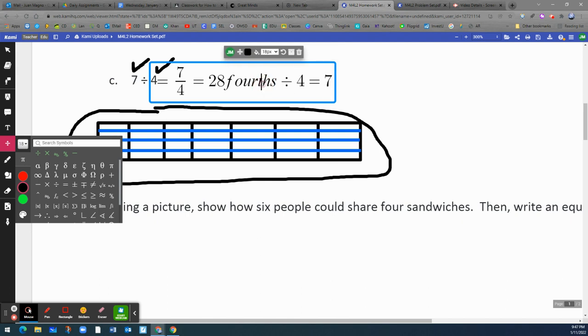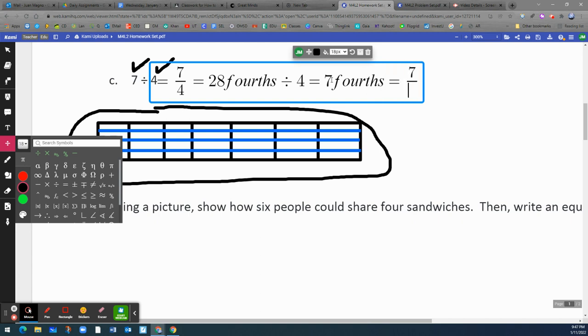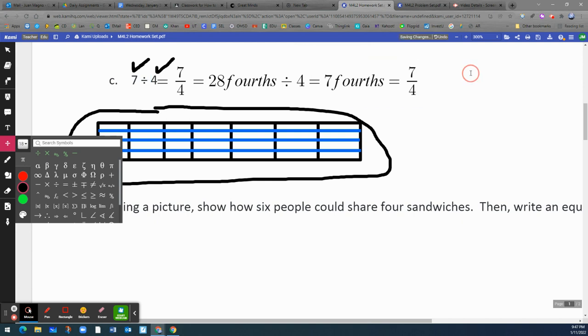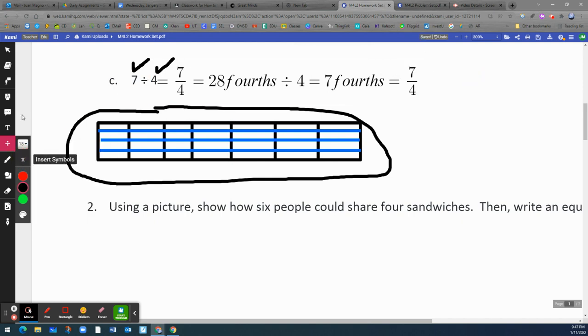Well, look at this, the unit. The unit is fourths. So you're going to say 7 fourths. Okay, my friends? Again, we're going to end up with the same thing that we did at the beginning. So your answer should be 7 fourths in a couple of forms.